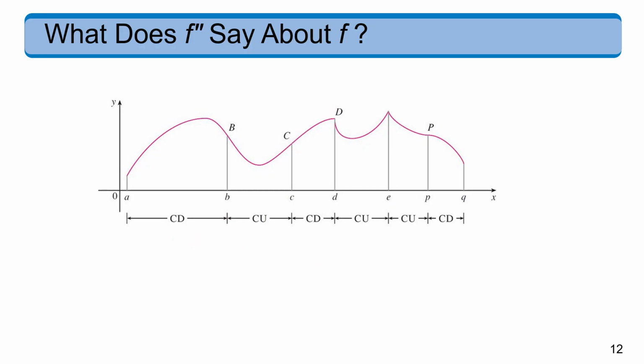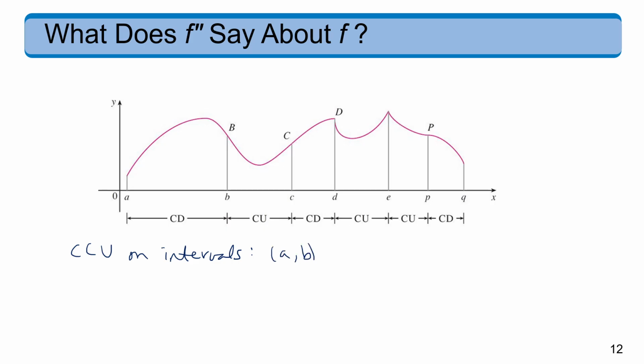So on the interval AB, or let's do it this way. We could say the curve is concave up on the following intervals. So we see here from x coordinate B to C, and then again from D to E and E to P. Just list those out.